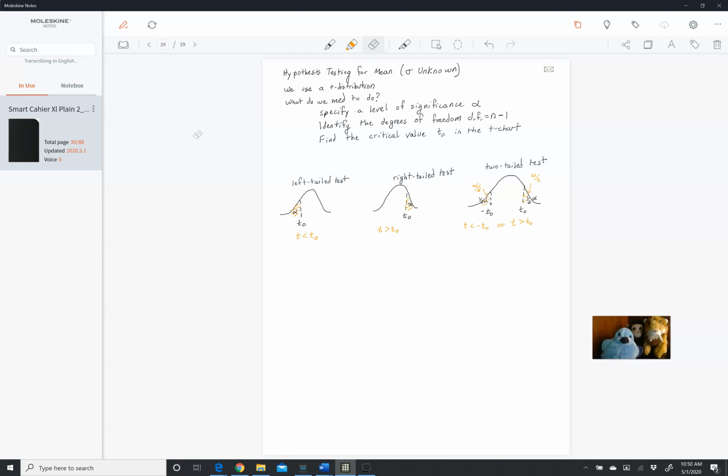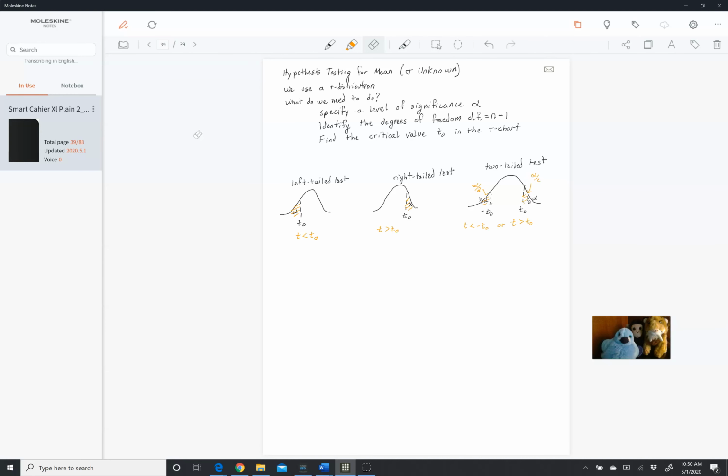Now, we talked about this before, the way that you can reject or fail to reject a null hypothesis. So that's why you need the null hypothesis. The alternative hypothesis is the opposite of the null hypothesis.